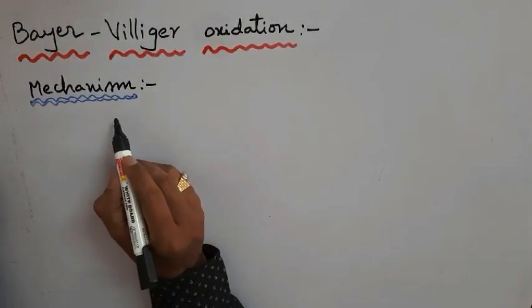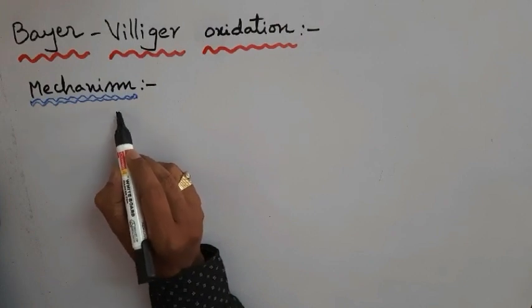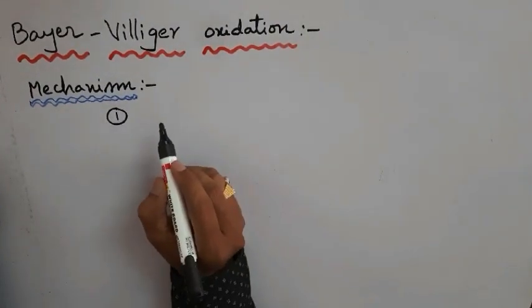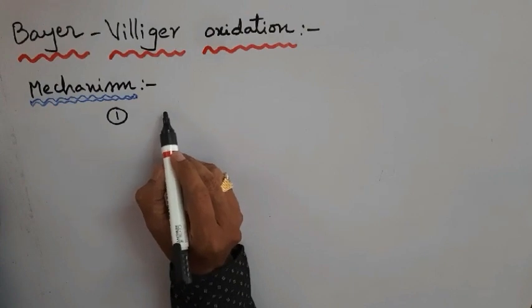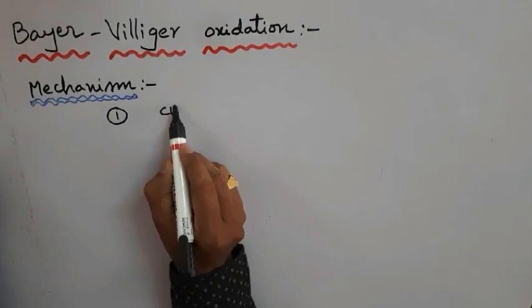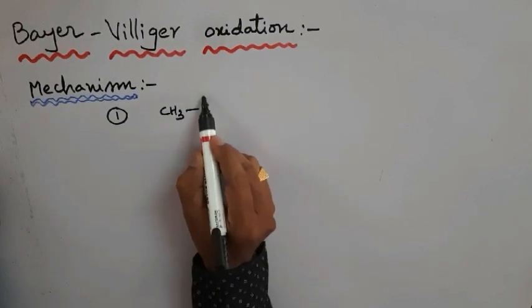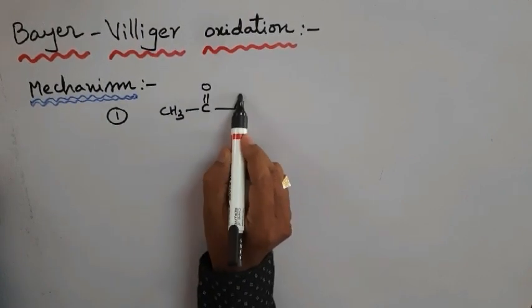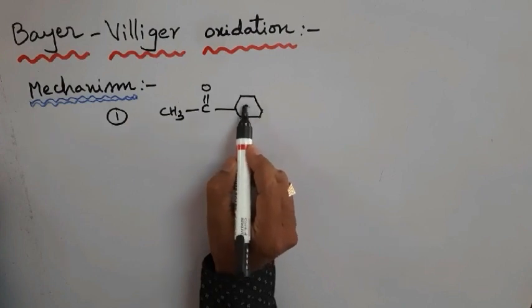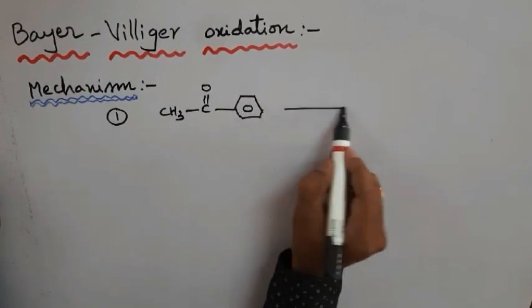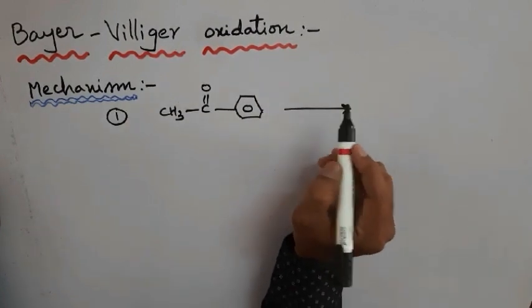The first step is protonation of the carbonyl compound. Let us suppose I am taking phenyl methyl ketone, namely acetophenone, CH3, C double bond O, and a phenyl group. I am treating this with an acid.